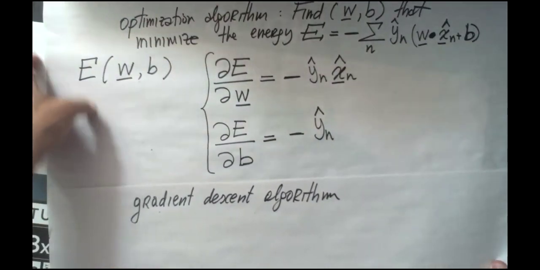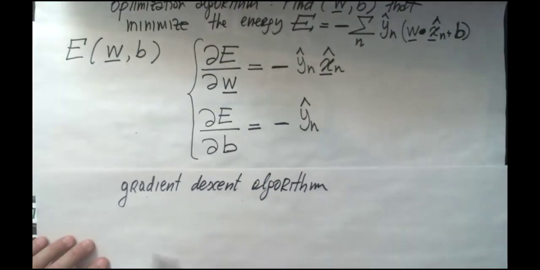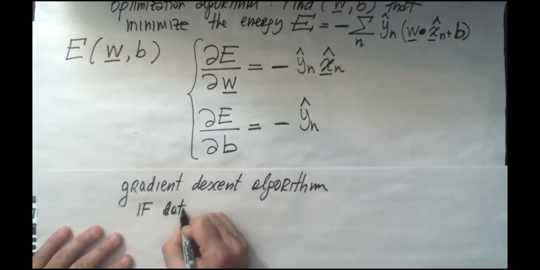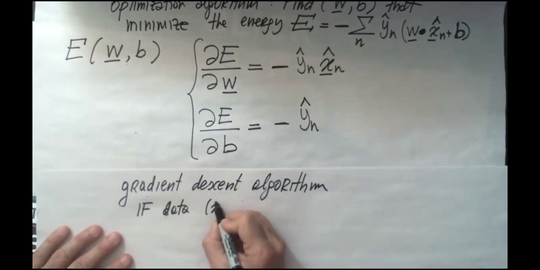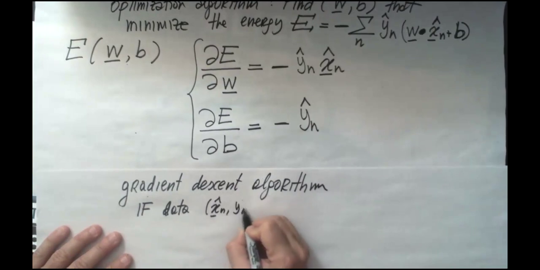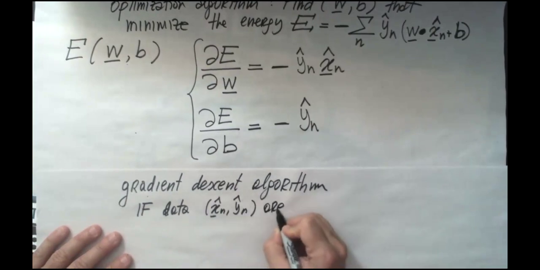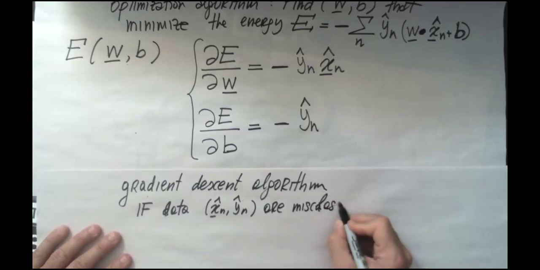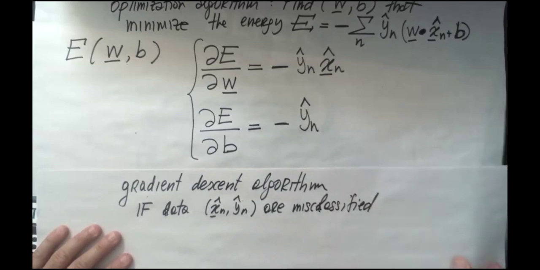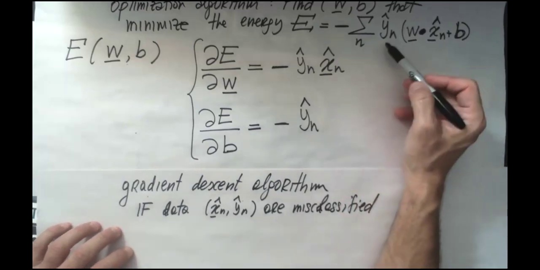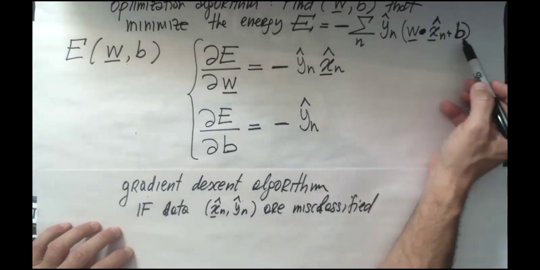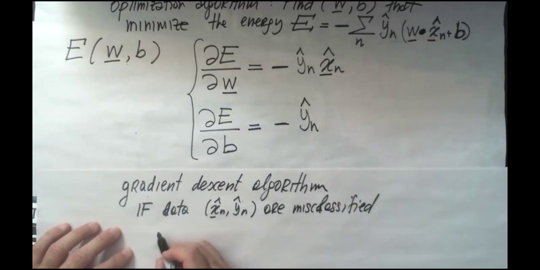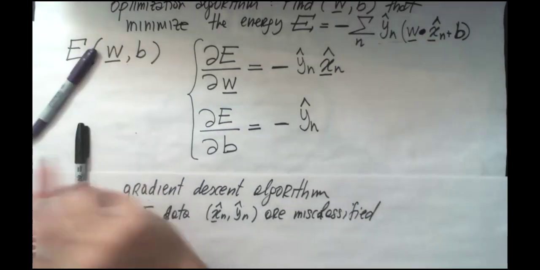The way to design this algorithm is: if data xn, yn are misclassified, what does it mean? It means that this product is negative, which will increase the energy.